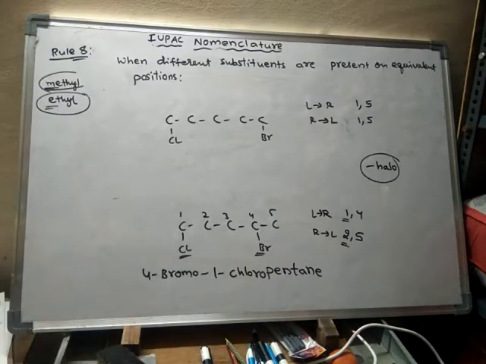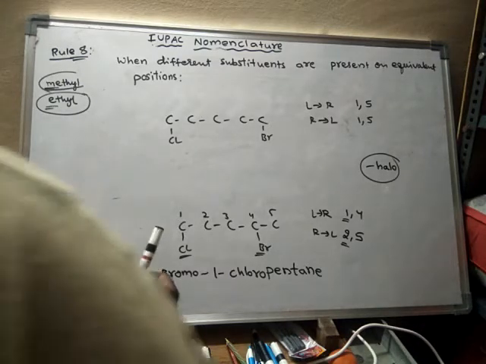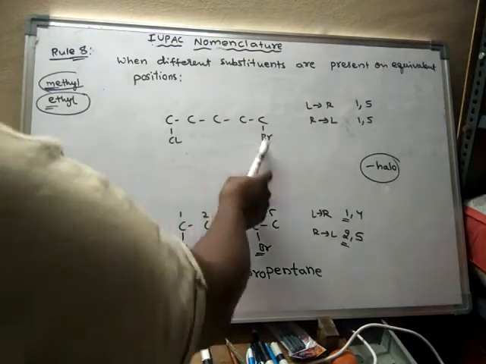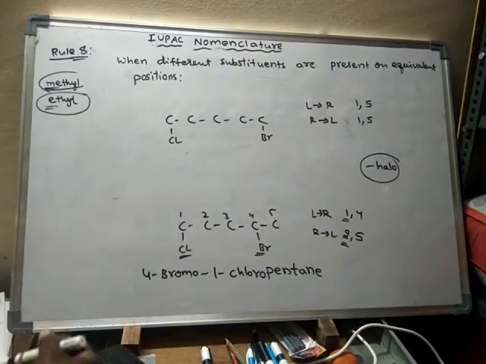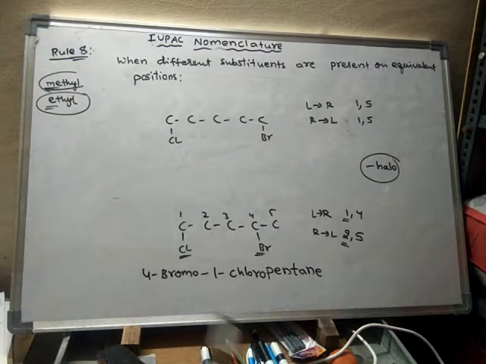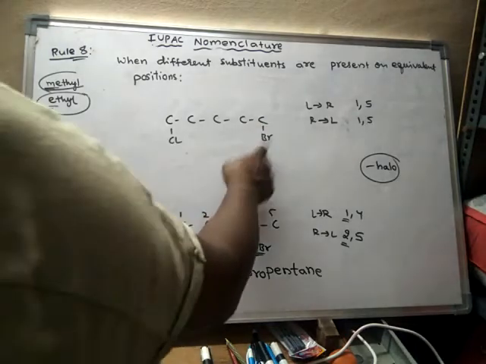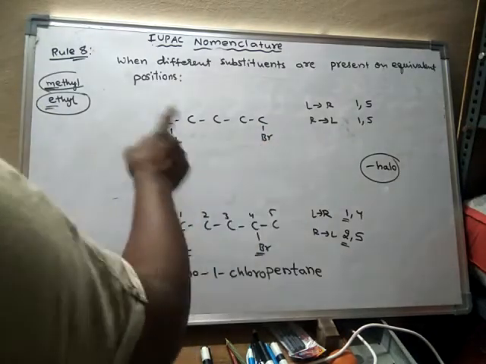Remember, numbering is done in the way that the group which comes first in the alphabetical order gets the lowest number. Bromine comes first in the alphabetical order, so bromine will get a lower number than chlorine.